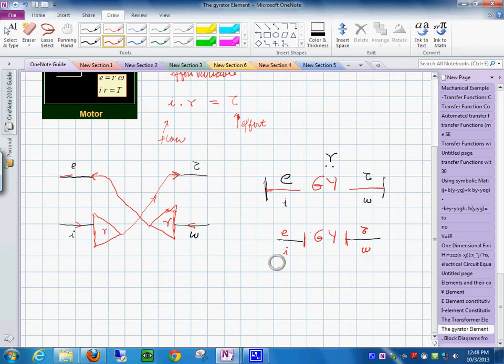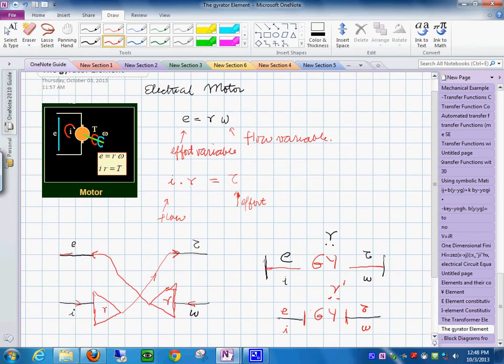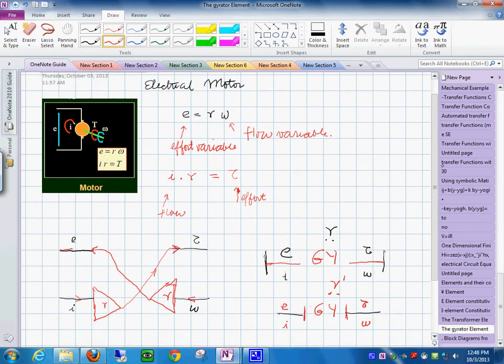Depending on how the equations are written, you can have this form or this form. Or this. In some textbooks, they put this as R prime to indicate it was different than this one. Any questions about the gyrator? No?